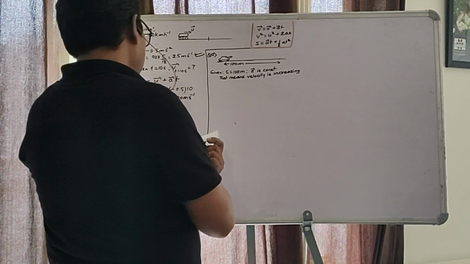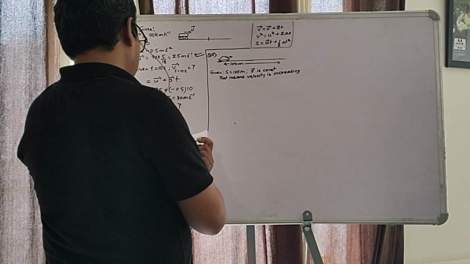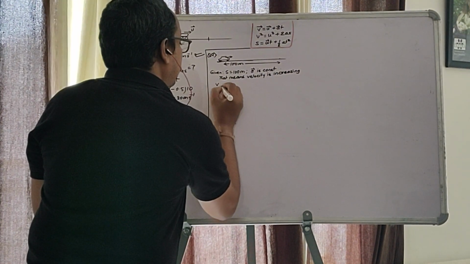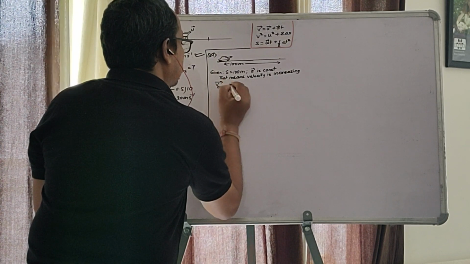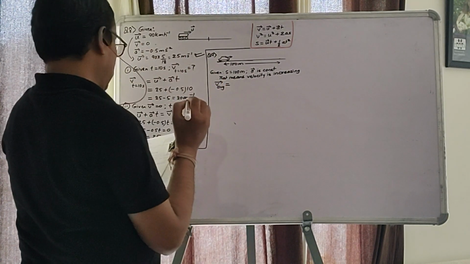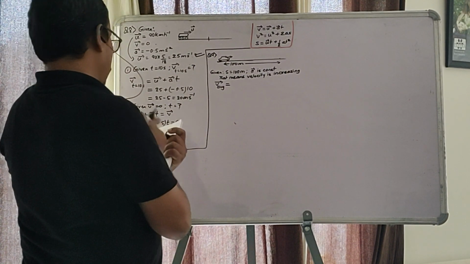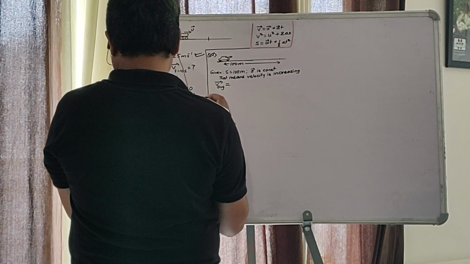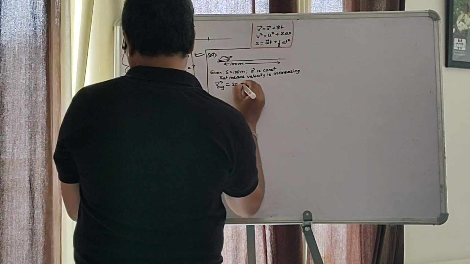The average velocity is given. It is also saying that the average velocity is 20 meter per second, okay?